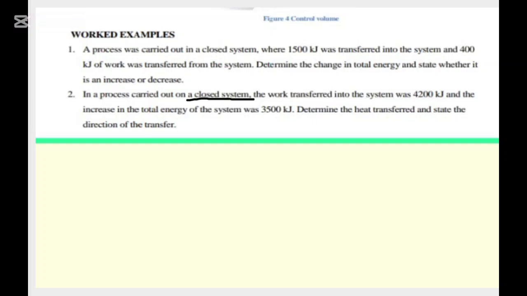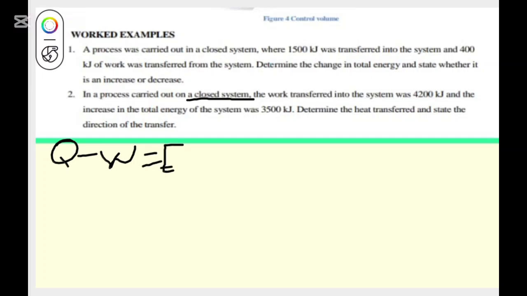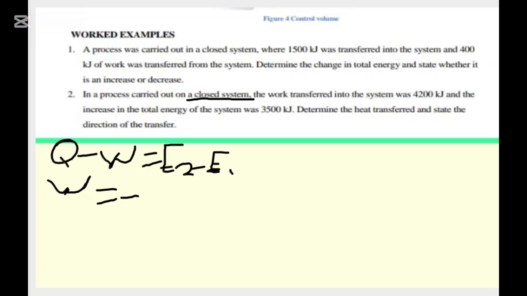We have to determine the heat transfer and state the direction of the transfer. So we are going to use the formula Q minus W is the same thing as E2 minus E1. And the work transfer into the system has to be negative, kilojoule.